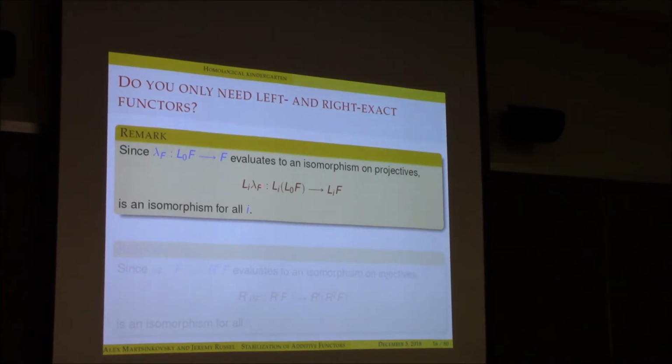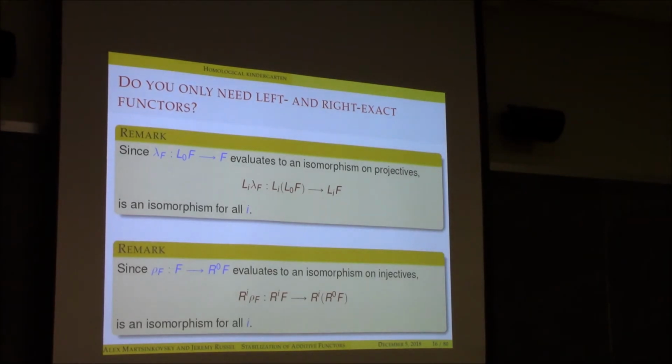So you will get an isomorphism of the derived functors L_i of L_0 F and L_i of F. And you have a companion statement for a covariant functor. Going from F to the zeroth right derived functor evaluates to an isomorphism on injectives. So when you take the right derived functors, this natural transformation evaluates to an isomorphism on injectives.